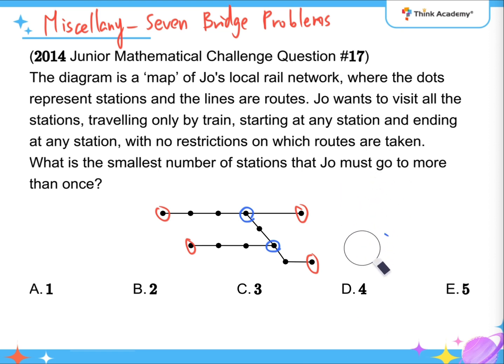So it means that I am always taking the shorter part of the branch to repeat it, such that I'm going through less of the stations.